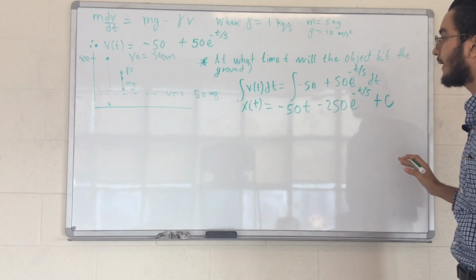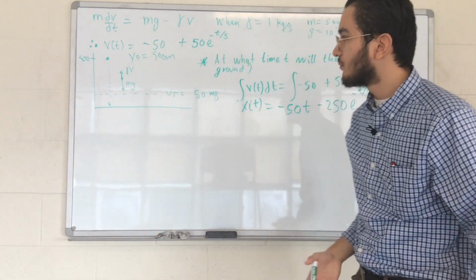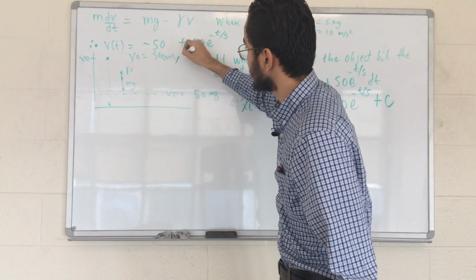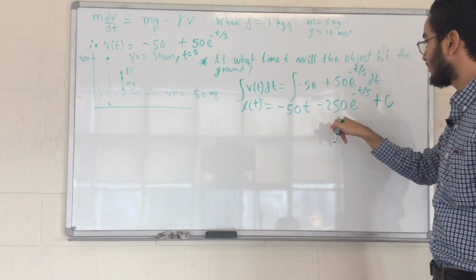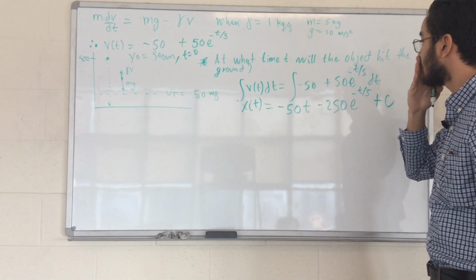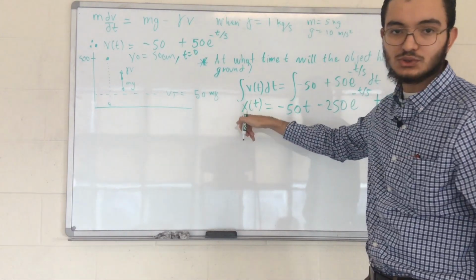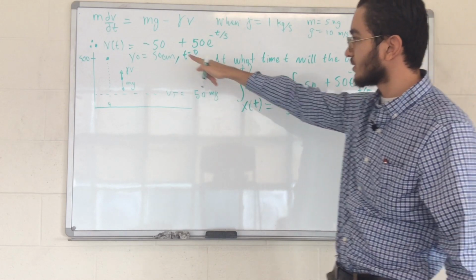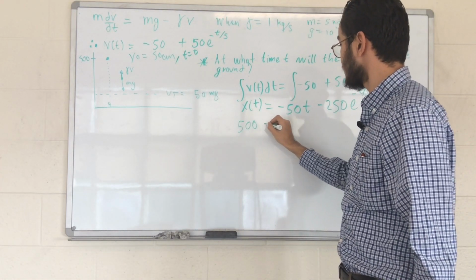Now, plus the initial value, or just plus the constant c, right? Let's just put c. And of course, we're going to use our initial value, which in this case occurs at t equals 0. So when t is 0, x of t is going to be 500 meters. So let's go ahead and solve that. So 500 meters, right?